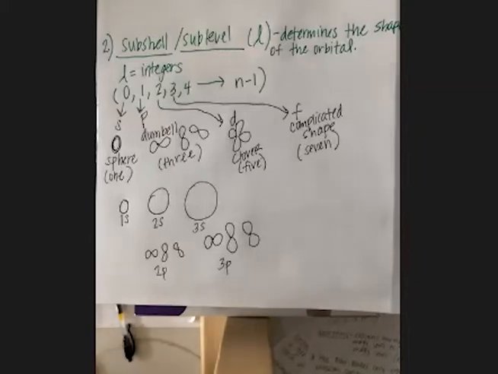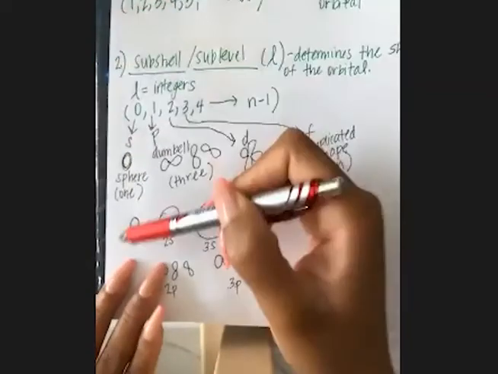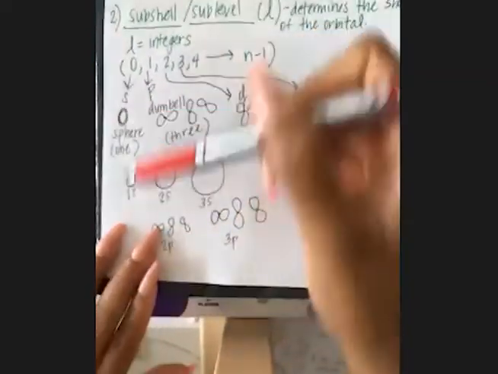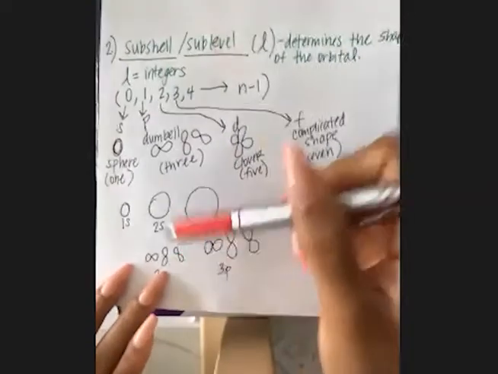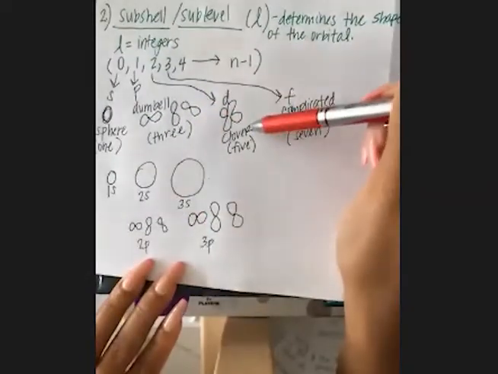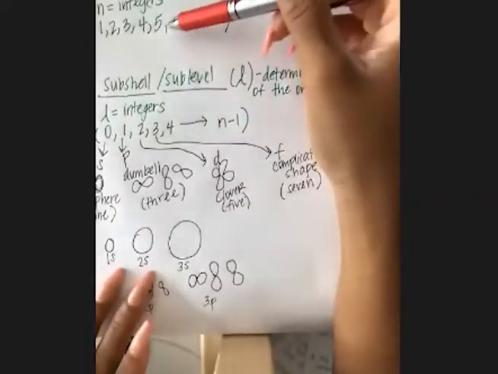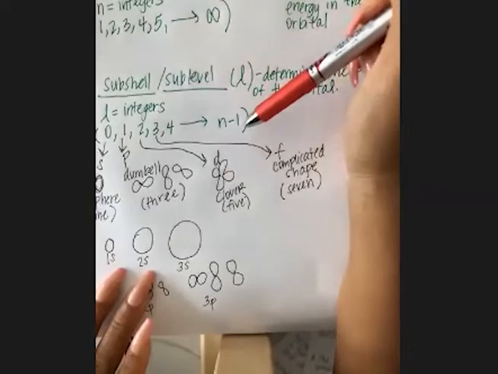So there's only one shape per energy level in the shape of a sphere, but there are 3 different shapes per energy level in the shape of a dumbbell, and 5 different shapes in each energy level in the shape of a clover.